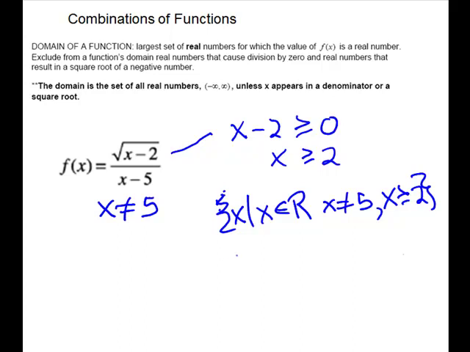We're starting at 2. And we're going to go from 2 to 5. Now, we don't want to include 5, so we have to use a parentheses there. Union. Start at 5 again to infinity.